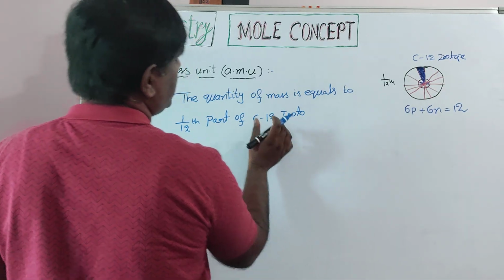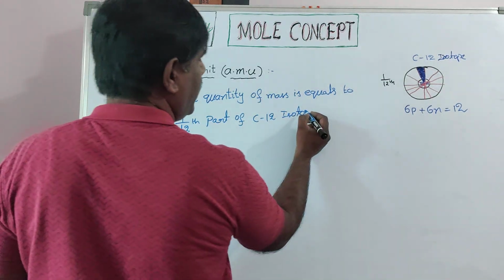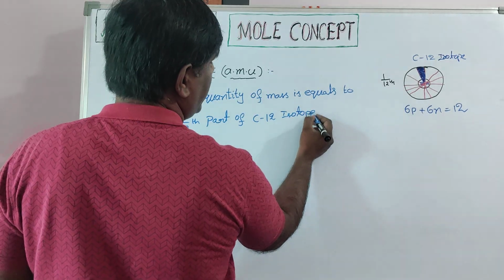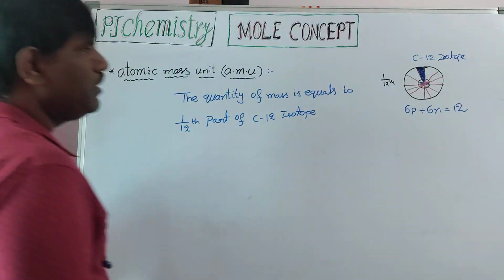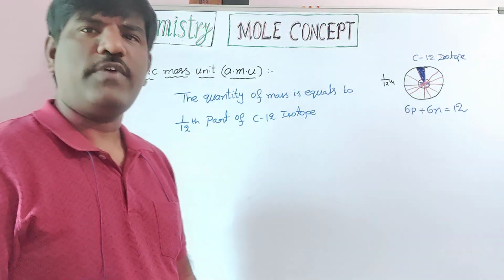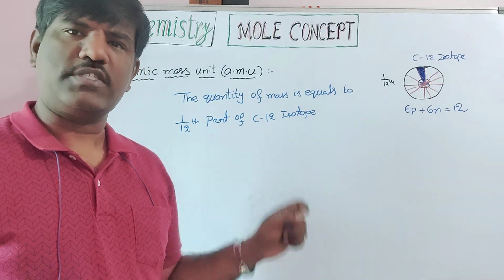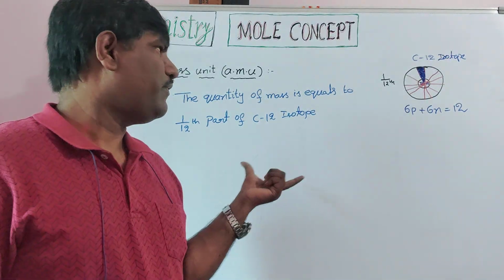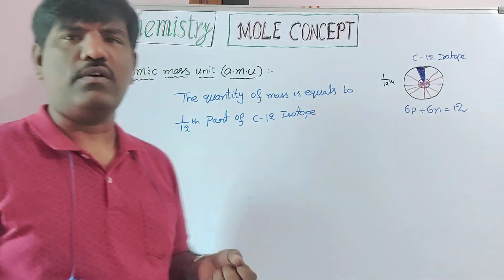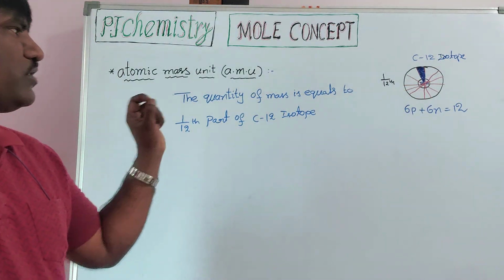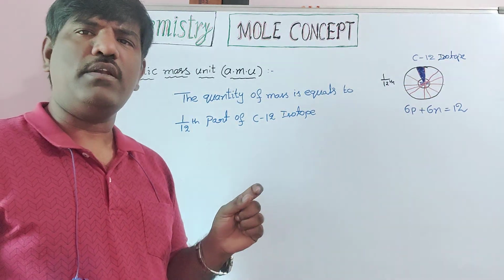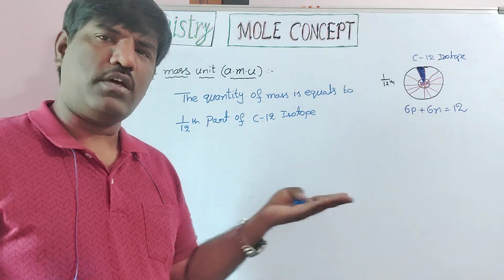We should mention compulsorily here C12, carbon 12, because after referring to many elements, finally they confirmed carbon 12 is fixed as a reference element. So carbon 12 isotope. If you mention simply carbon, that may be 12 or 13 or 14.